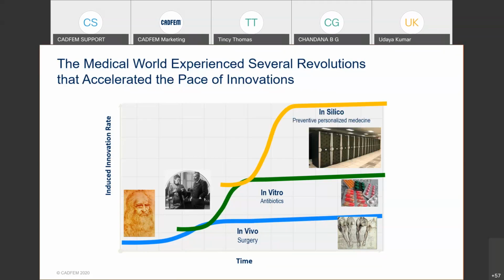And the third is in silico, which means silicon chips or computers, where you can virtually create your own environment or human environment. You can model even human biological tissues in different parts, and you can simulate to find out what happens when you are implanting a stent, an ortho implant, or other parts, how it reacts with the tissues, how well the joint will work, and how long it will last.